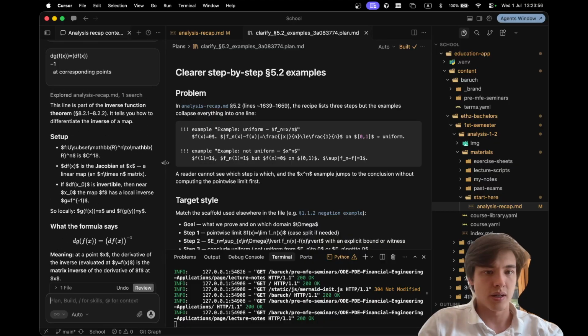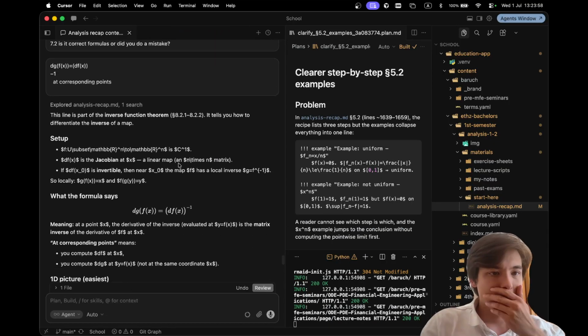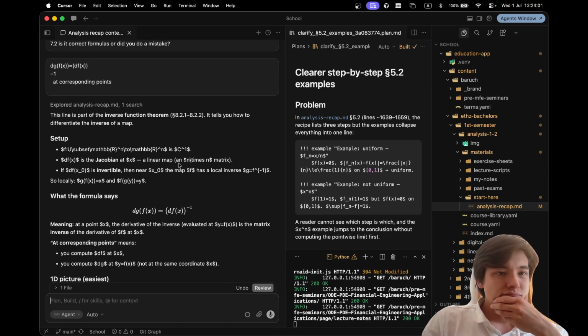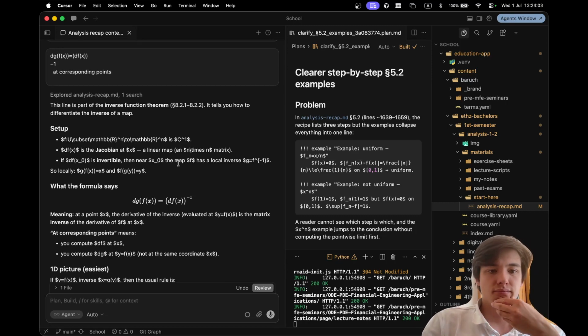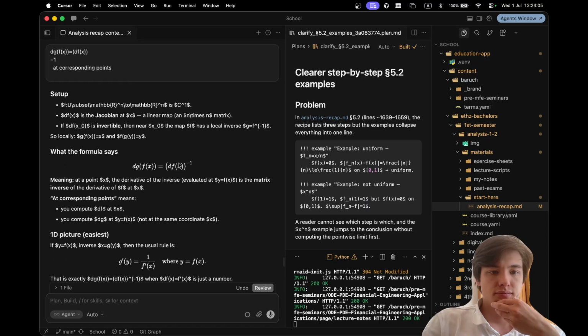So here, what do we have? The matrix inverse, the derivative of the inverse, evaluated at that point.